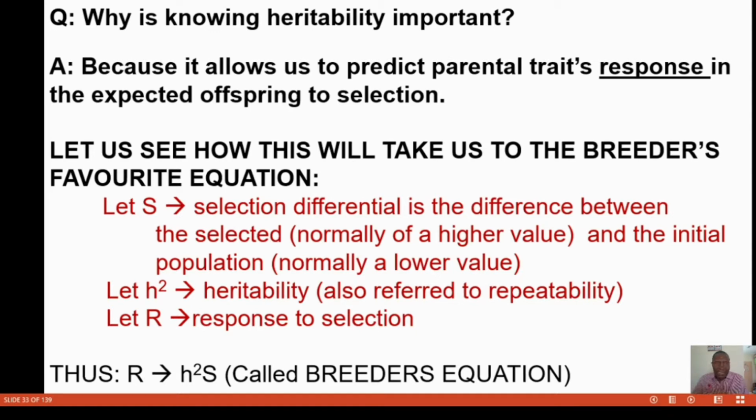As we progress, we may begin to walk into a little bit of quantitative genetics, but I've tried to simplify this as much as possible. That's why I was saying that please ensure that we are walking from where we were in lesson 6a and 6b to lesson 7.